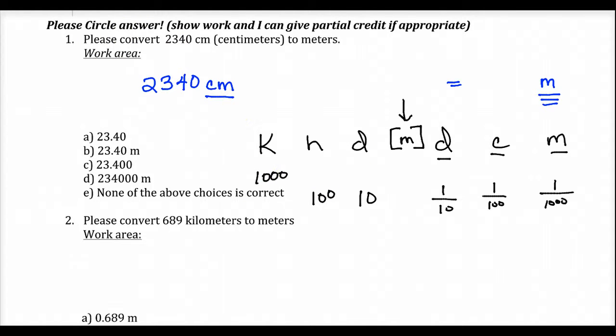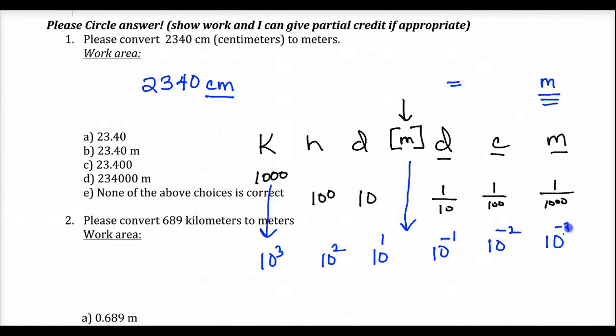Now sometimes they'll use exponents. That's 10 to the 3, 10 to the 2, 10 to the 1. This of course would be 10 to the 0, which is 1. 1/10th is 10 to the negative 1. Notice the decimal place: something smaller than 1 gets a negative exponent. 10 to the negative 2, and then 10 to the negative 3.